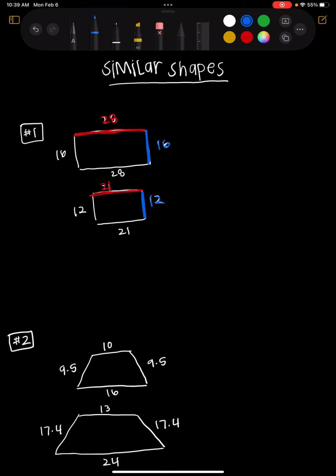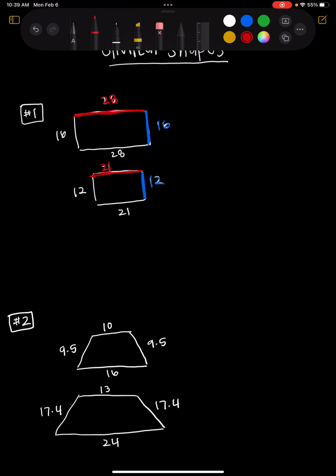Okay, so now what we're going to do is set up two fractions. We're going to set up a red fraction and a blue fraction and decide if they are equal to each other. So for the red fraction, I'm going to do the top shape over the bottom shape. You have to decide if it's going to be the bigger shape over the smaller shape, or the top shape over the bottom shape, left shape over the right shape.